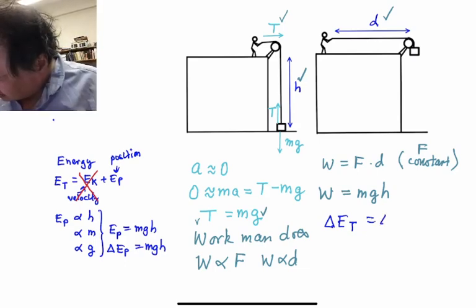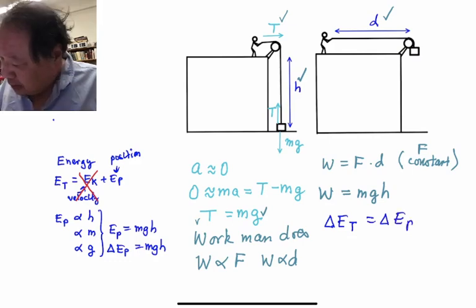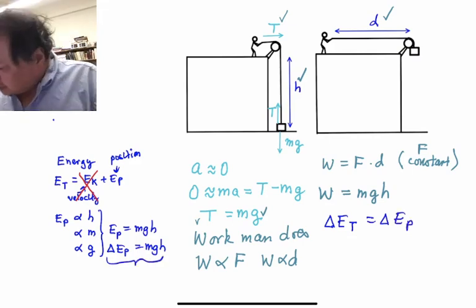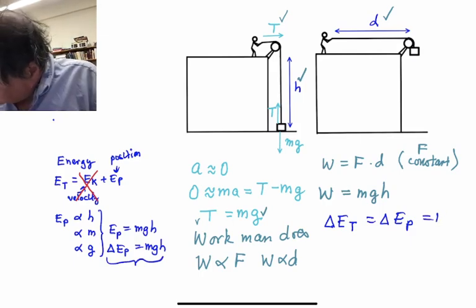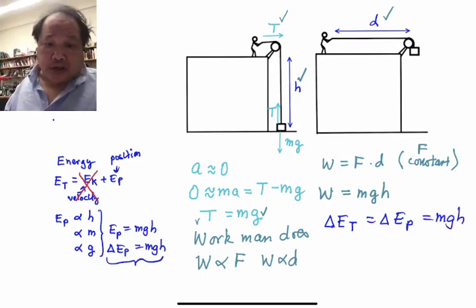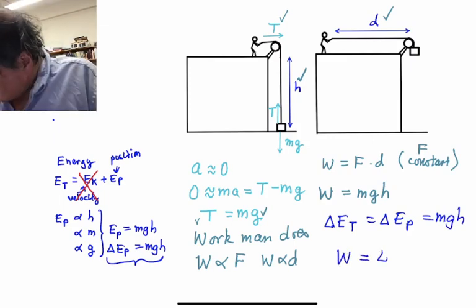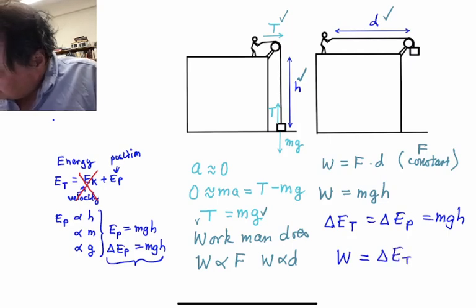It'll be the change in the potential energy. And the change in the potential energy is mgh. And we get to the general result, which is true, that work is equal to the change in the total energy. And we'll be using this result this week.